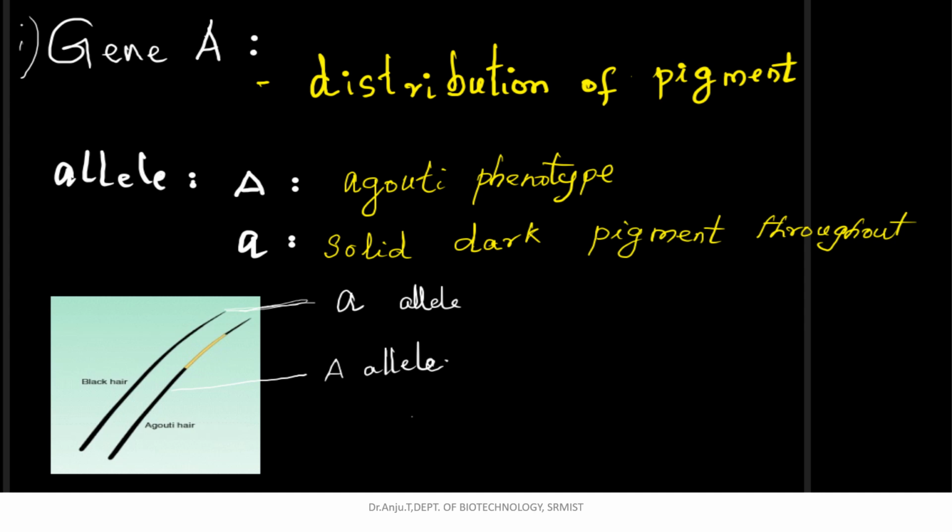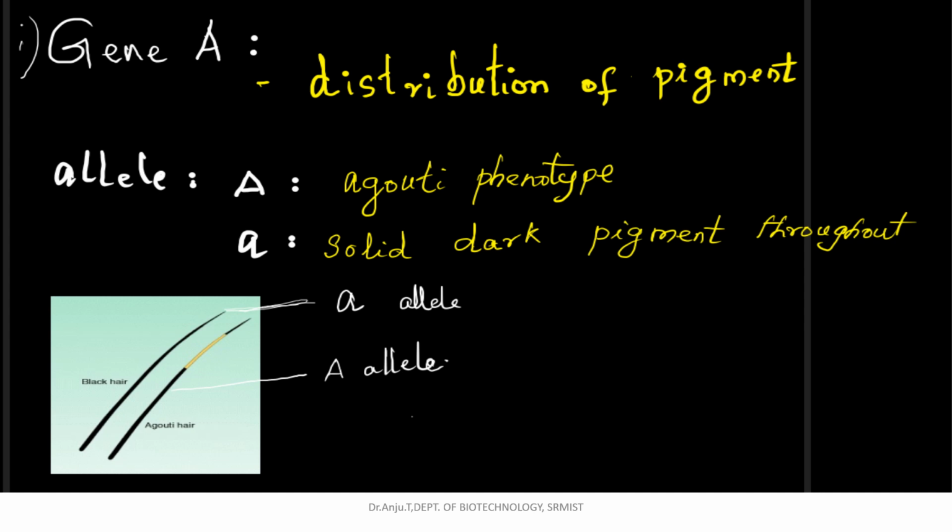Gene A is responsible for the distribution of the pigmentation. So the dominant allele A is responsible for the agouti phenotype, and the recessive allele small a is responsible for the solid dark black pigmentation throughout the hair.